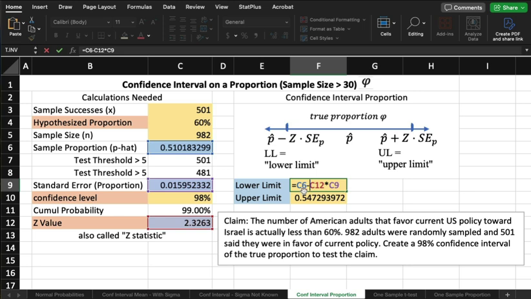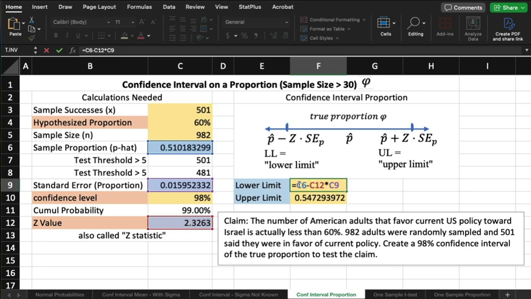Because your p hat is in C6, so that is your point estimate for the true proportion. We got that from a survey, from a sample that we took. So that survey result is a point estimate of the true proportion.